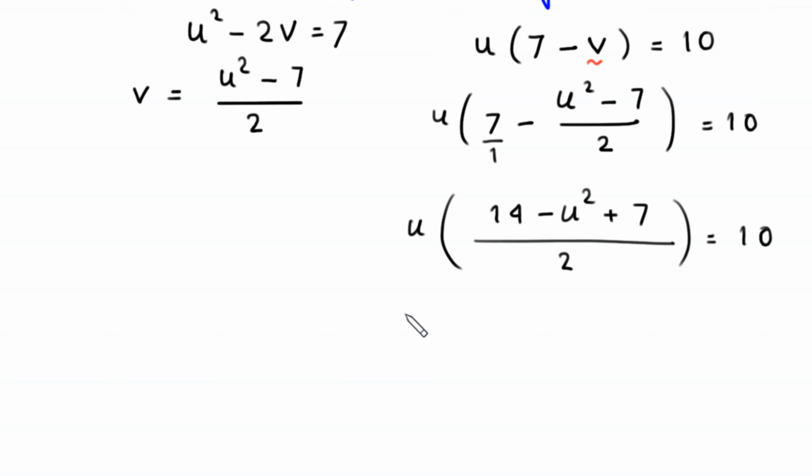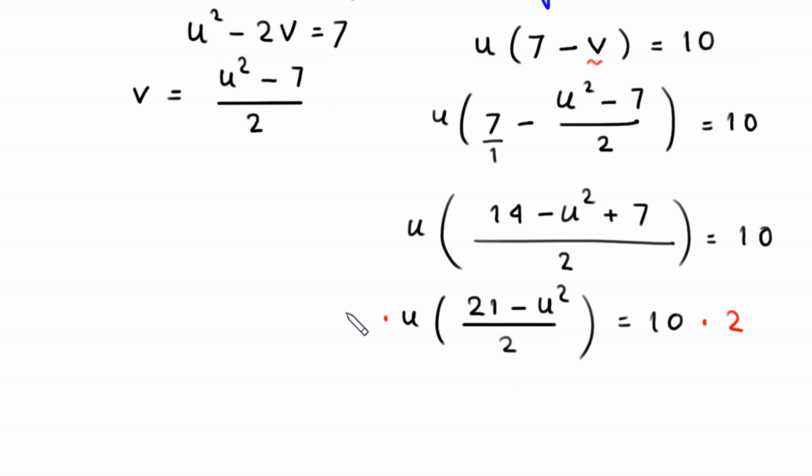Further simplifying, this will become u times (14 plus 7, which is 21, minus u squared) divided by 2 is equal to 10. And from here we multiply both sides by 2.